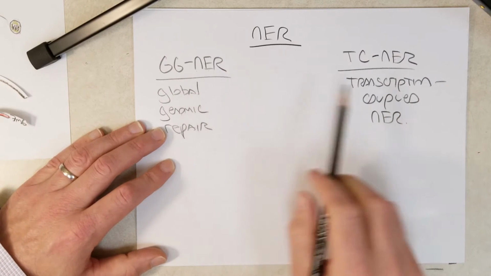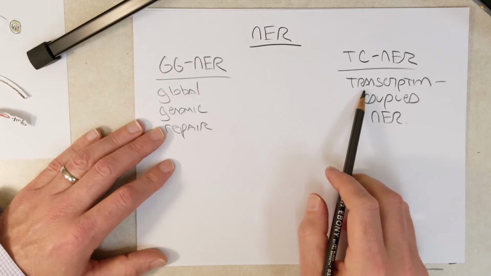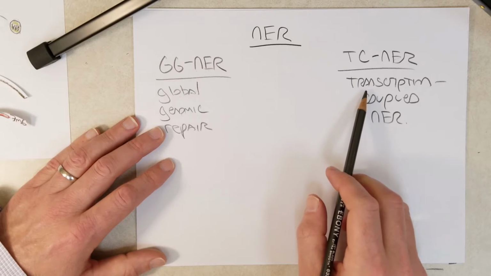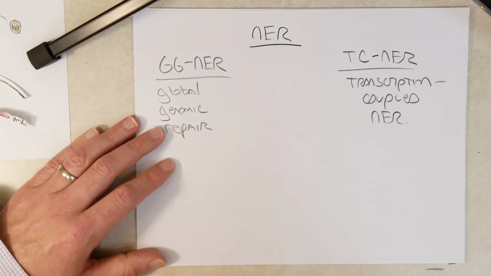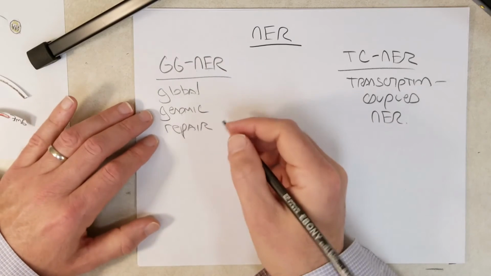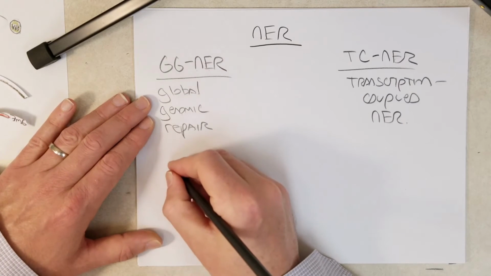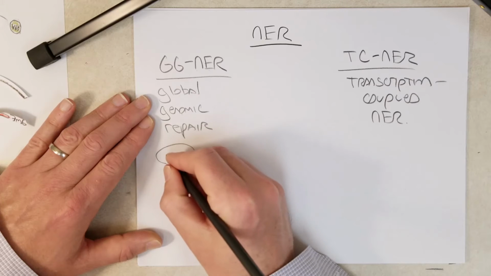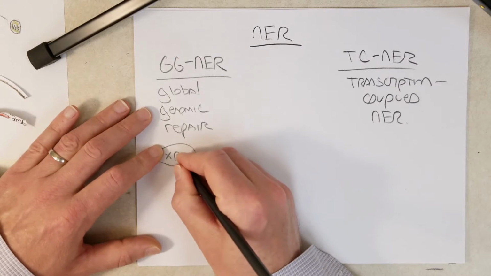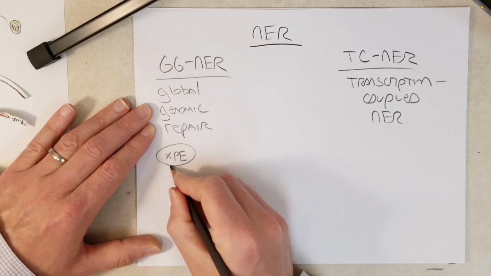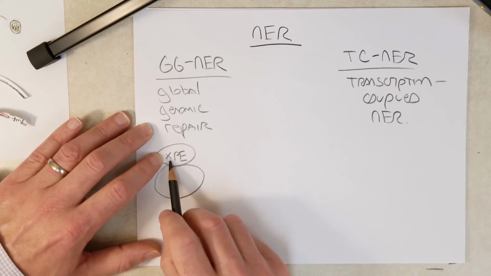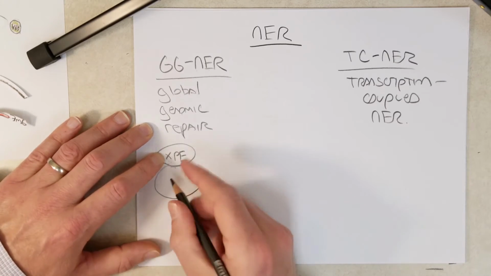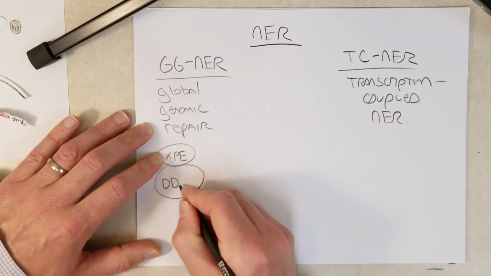And these two pathways differ by the way the structural damage is detected. So over here, the detection is going to involve one of two complexes. One protein complex contains two proteins, XPE and DDB2.